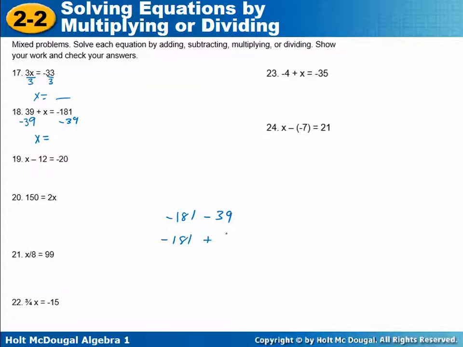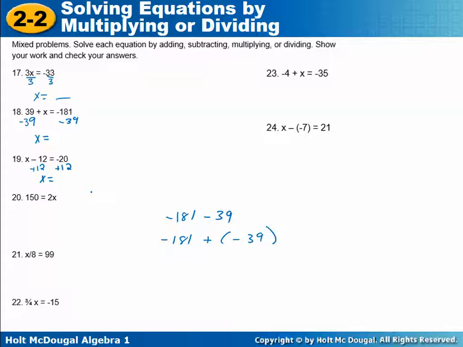This is the same as negative 181 plus negative 39. So the rule is when they're the same sign and you're adding, you add them together and then take the sign of both. In number 19, we have x minus 12, and the opposite of that, of course, is to add 12. So again, be careful with your negatives. You have negative 20 plus 12, and see what you get.